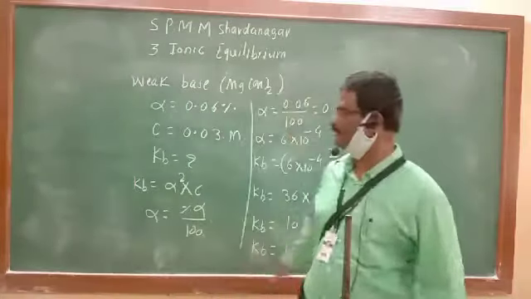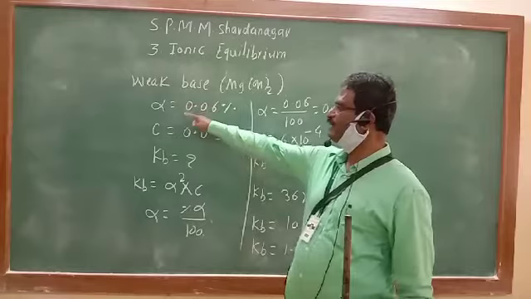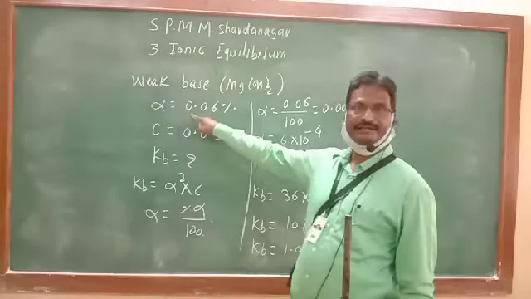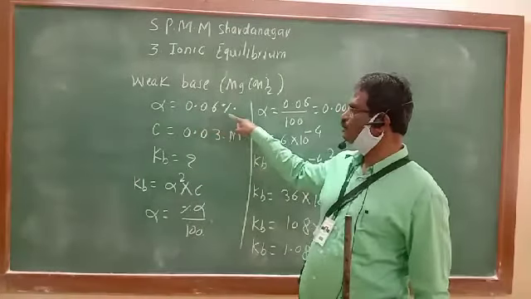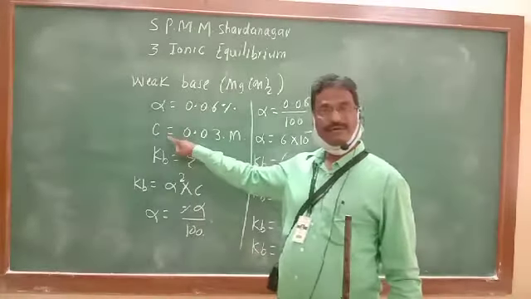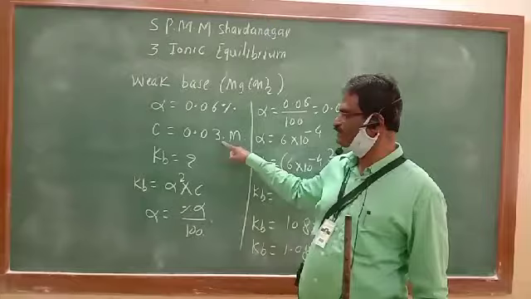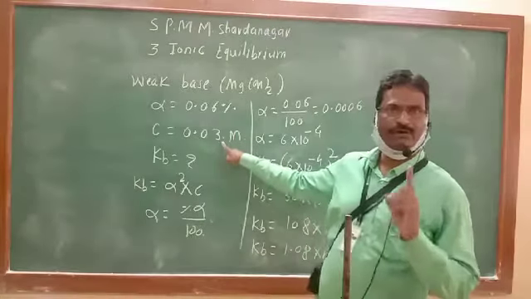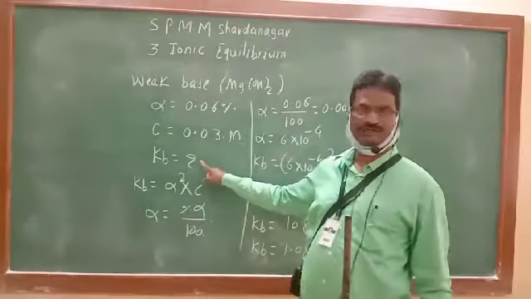Let us see it once again. The degree of dissociation in percentage is given as 0.06% for that weak base, the concentration is 0.03 molar, and we have to calculate the dissociation constant of the base.